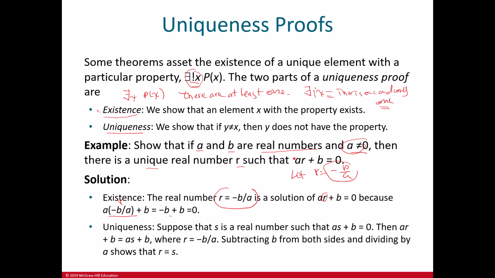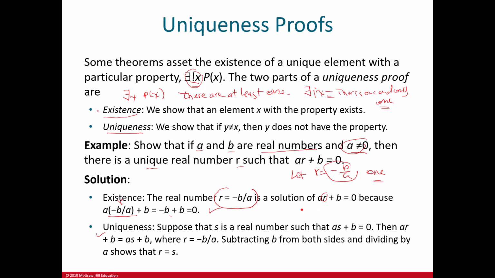So the real numbers are closed under division, provided the denominator is not 0. So here we just showed there is a solution, and we found just one. Now the question is, is this the only one? And we're going to show next that this is really the case.